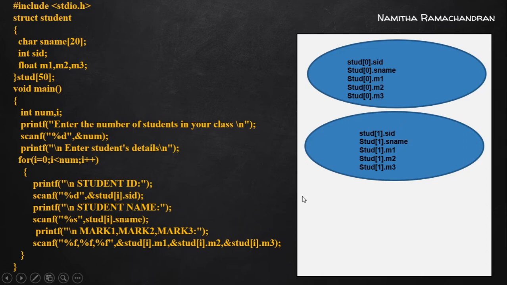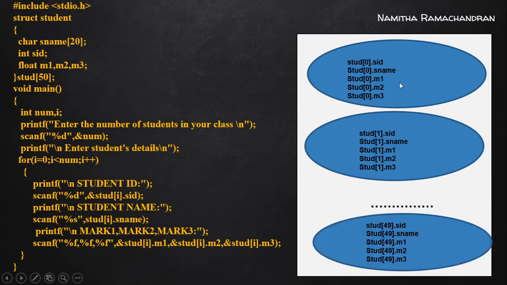Similarly, the same amount of memory allocation is separately needed for storing the name, ID and marks of our second student, and for the third student, and so on. Finally, in total we need 50 such groups of memory allocation in order to store details of 50 different students.